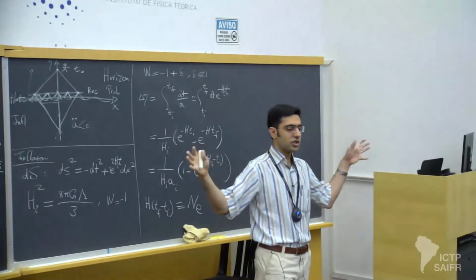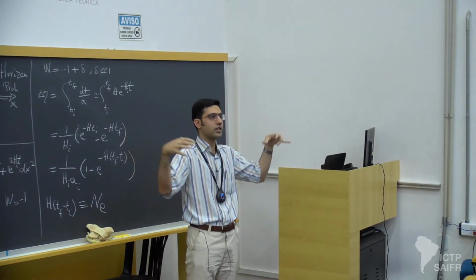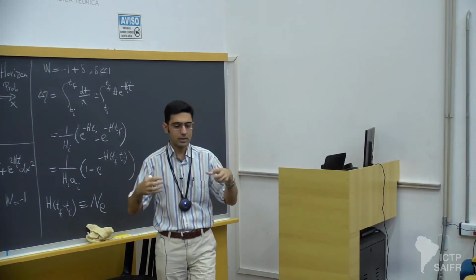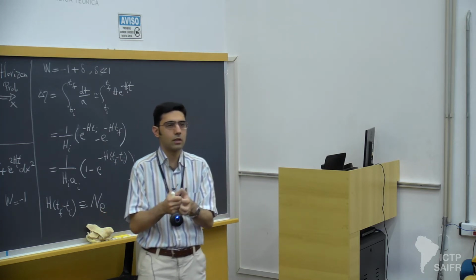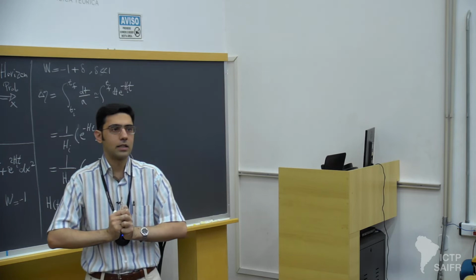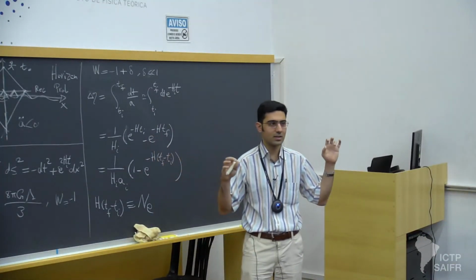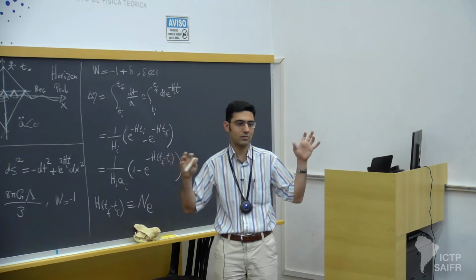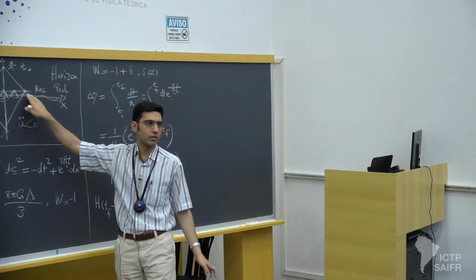These regions that were out of causal contact from each other, what happens is that they actually start from some little region which was in causal contact, and then it expands so fast to very large, superhorizon distances, which are now out of causal contact.